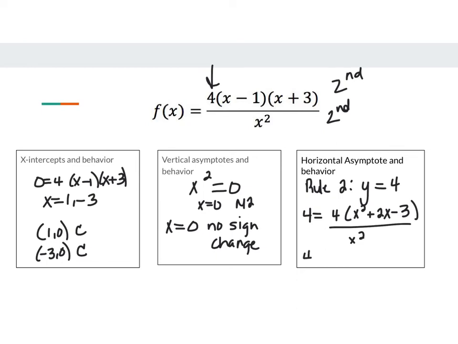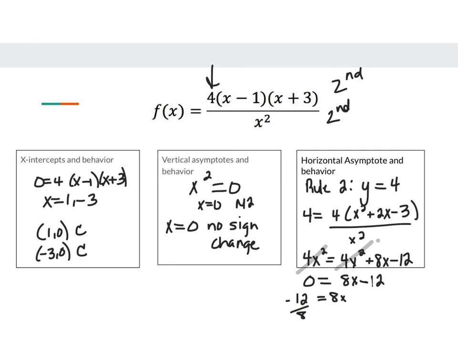Again, just like before, your first step is going to be to cross multiply. We're going to distribute that 4 all the way through. There's a 4x squared on both sides. That cancels out, leaving you with 0 on the left. Move the 12 and solve for x.